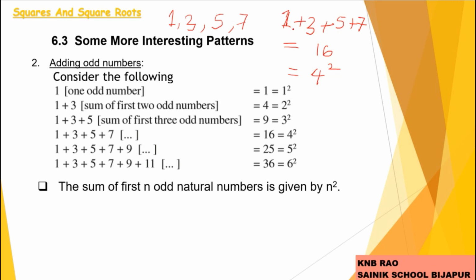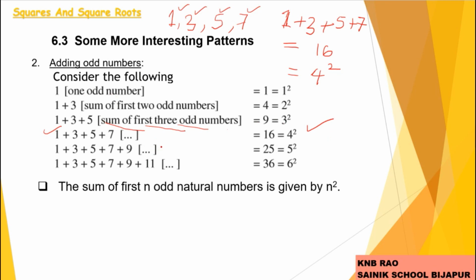which means I have added the first 4 odd numbers. First 4 odd numbers are 1, 3, 5 and 7. So the sum of first 4 odd numbers is 4 square.